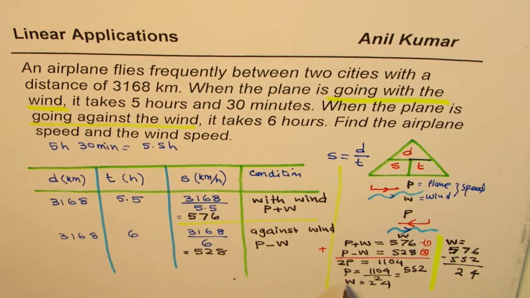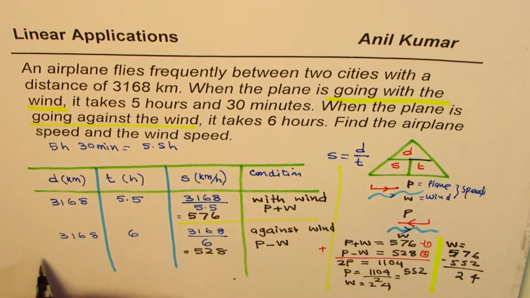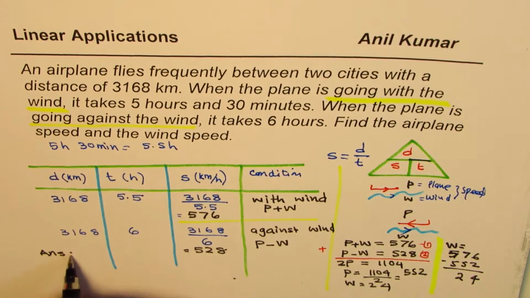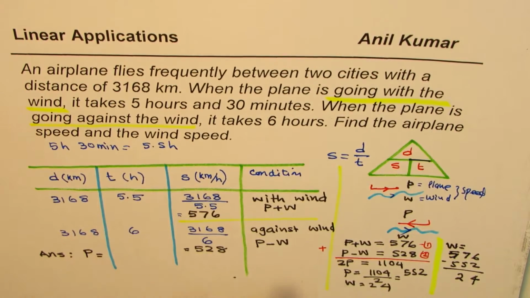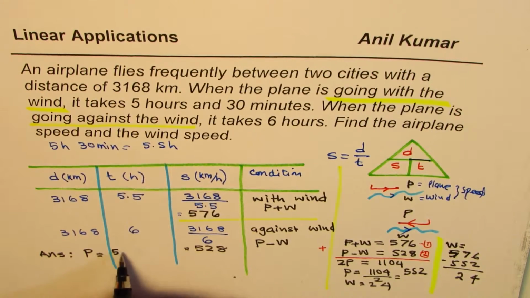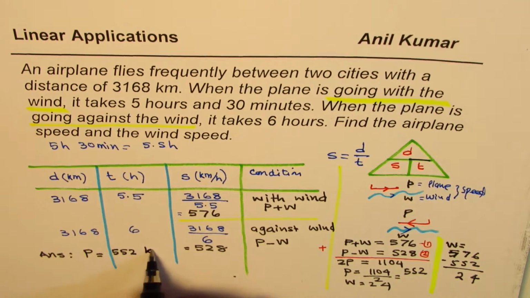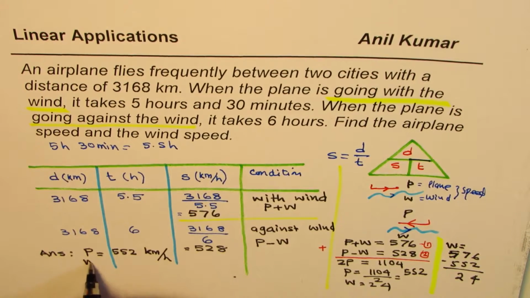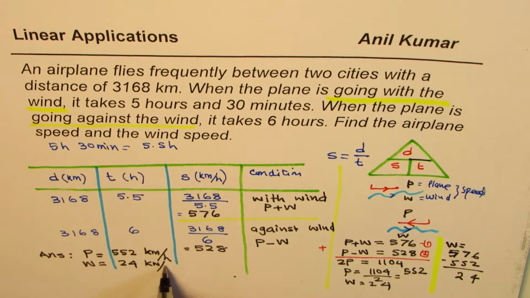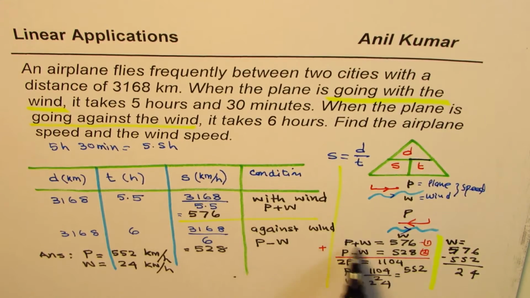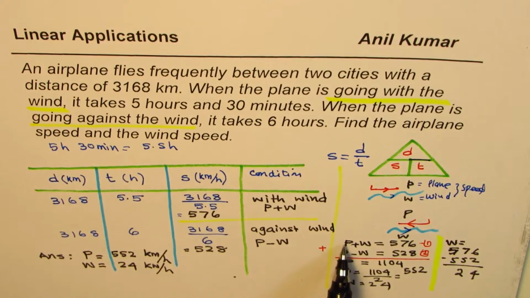By adding these two equations, you can eliminate the wind speed and then divide by 2 to get plane speed. So let me write down the answers here. We have plane speed P as 552 kilometers per hour, you have to include units, and the wind speed is 24 kilometers per hour.